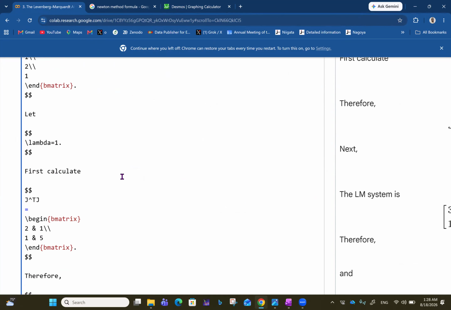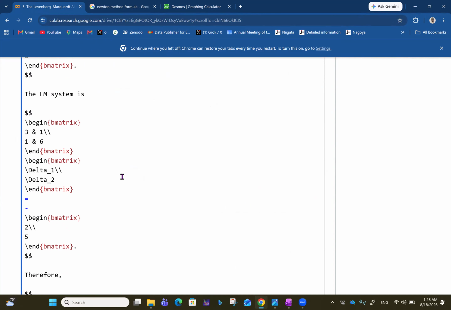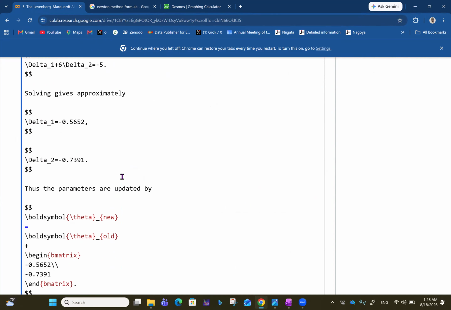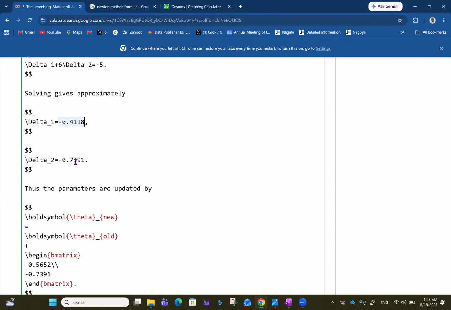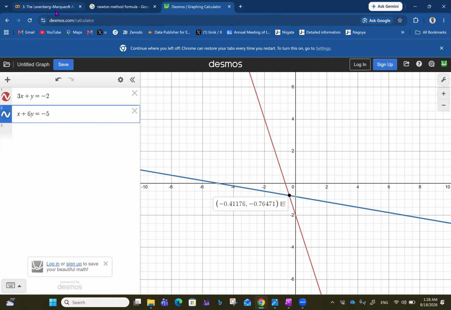Minus 0.4118, then the other one is minus 0.7647, like that.